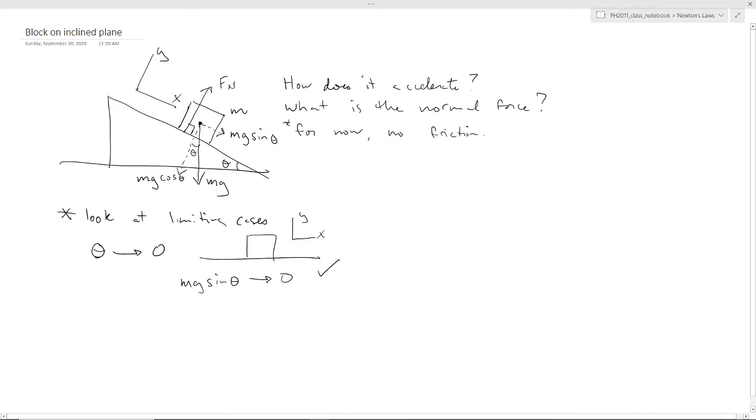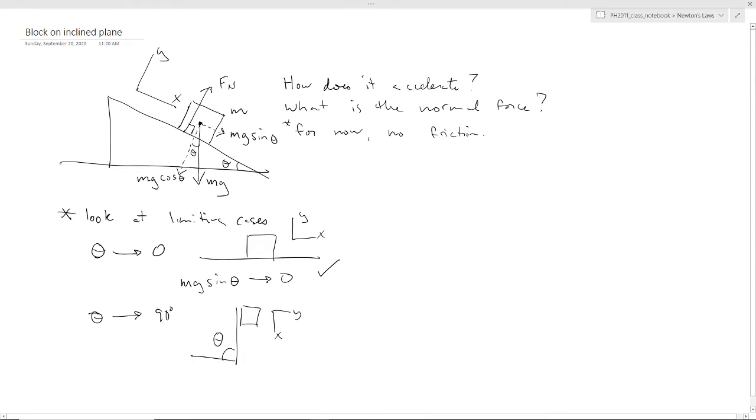Kind of by the same token, when theta goes to 90 degrees, so that's going to correspond to, actually this case. Think about when theta goes to 90 degrees. Now it's a little bit strange because our coordinate system is on the incline, right? So this would be x and this would be y.